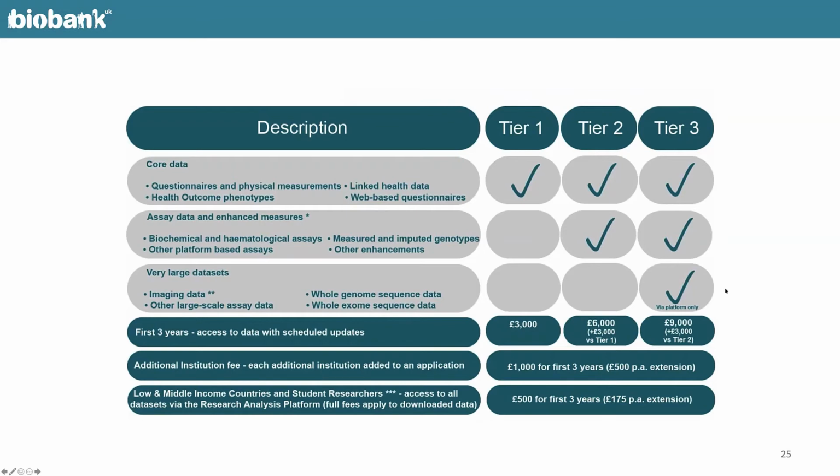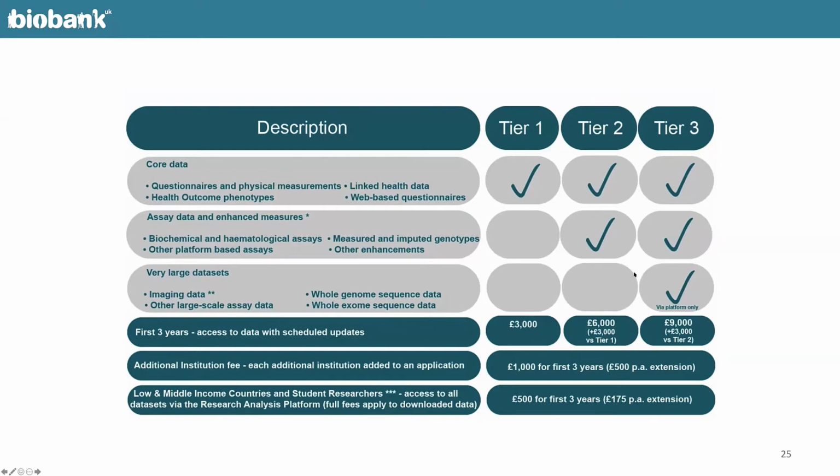This is questionnaires and physical measurements, linked healthcare data, etc. Tier 2 not only includes the core data, but also data on assays and enhanced measures such as biochemical assays, hematological assays, etc. And tier 3, which I'm sure lots of you are very interested in, is the core data, the assay and enhanced measures data, as well as the large data sets such as whole genome sequencing and whole exome sequencing data. And this is only made available through the RAP, this tier 3 data.